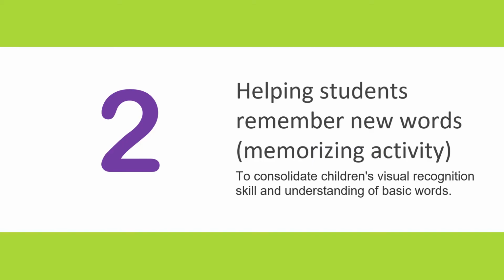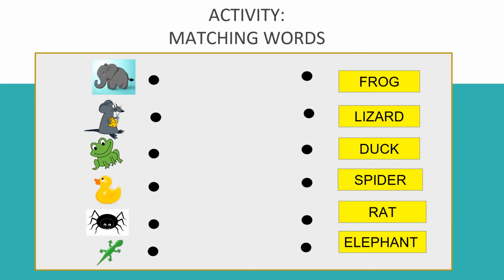Afterwards, we move on to the second stage, which is the practice stage, by helping pupils to remember the words learned in stage 1. So one of the ways we can do that is by employing word matching activity under the memorizing game and activity subdivision. We can do so by placing all the animal pictures on one side and all the animal nouns on the other.